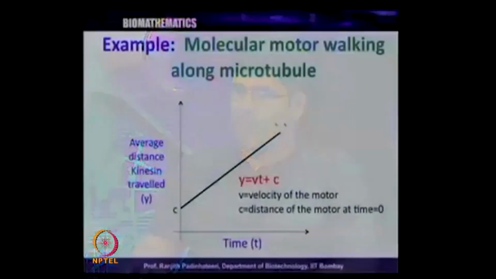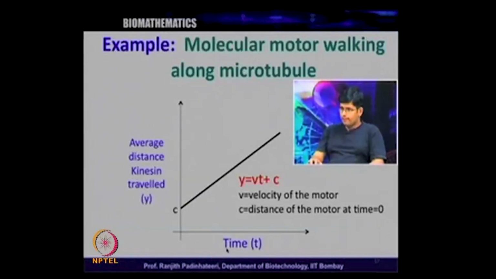Let us look at the graph. What is plotted on the y axis is the average distance the kinesin traveled from the center versus time, and you get a straight line. This equation is y is equal to vt plus some constant, where v is the velocity of the motor and c is the distance of the motor.